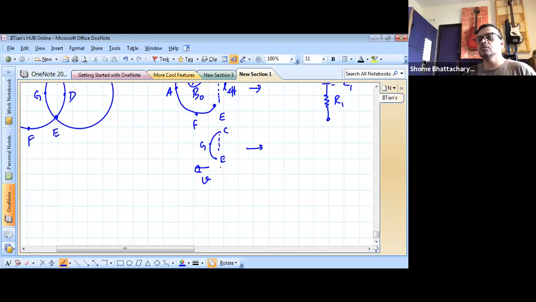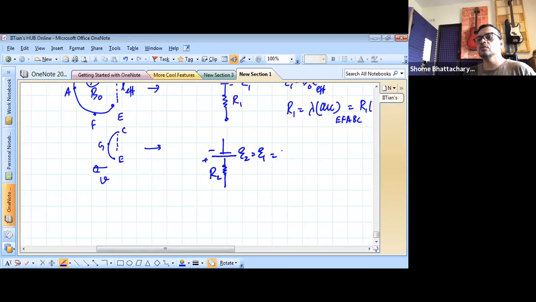This section will be moving in this direction, so V cross B is downwards. So this will be a battery, let's say E2, but its magnitude will be E1 with reversed polarity, and this resistance is something else. Okay. So this will also be B naught into L effective into V, where L effective is the same length, CE.